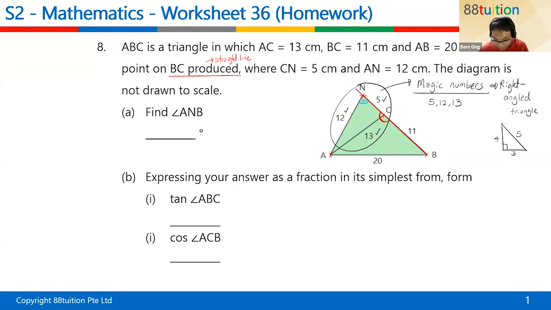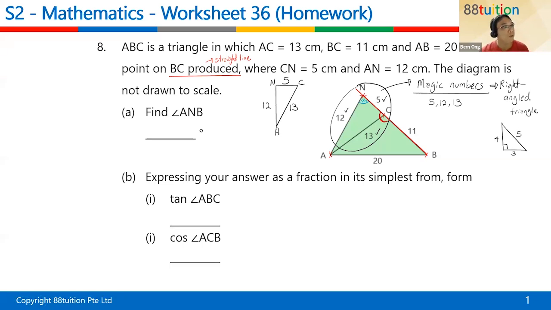If the question gives you something like this, let me draw it out for you. Just a quick revision on how to prove a right angle triangle. If this is 5, this is 12 and this is 13, and down here is, for example, CN, and down here is A.